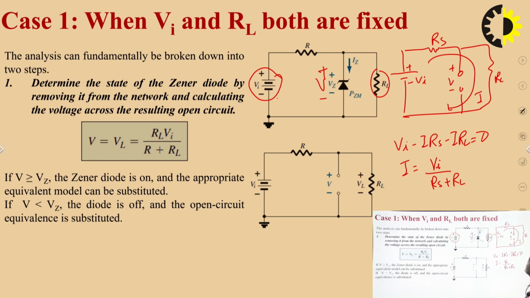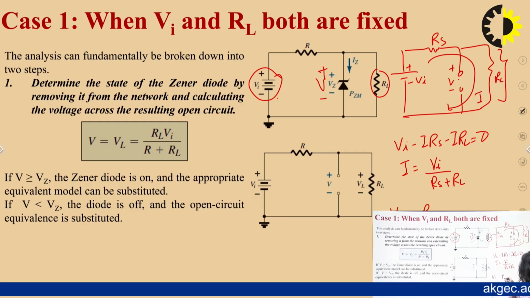This is the current that is flowing across the series resistance and load resistance. Now this V would be equal to the voltage drop across this RL. So the value of V will be given by RL upon Rs plus RL multiplied by Vi. This is the voltage across the zener diode due to this supply voltage Vi.